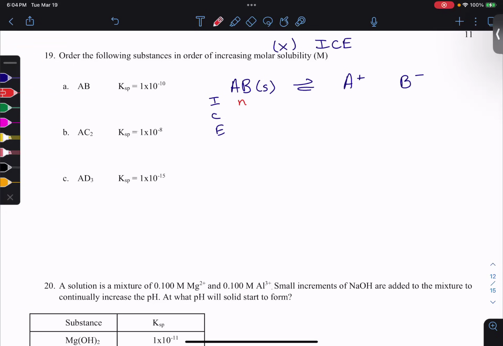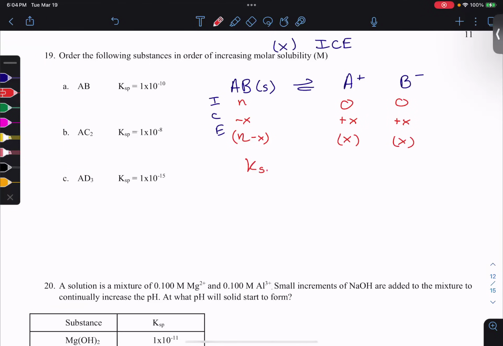It doesn't matter how much, just a chunk. So some of it dissolves. So that means you lose an x amount of the solid. But that also means you gain an x amount of A+ and B-. So at equilibrium, you have n minus x of AB, x amount of A+, x amount of B-.